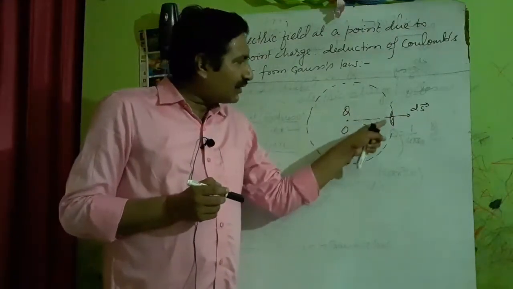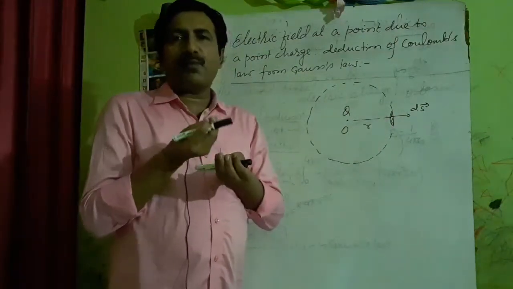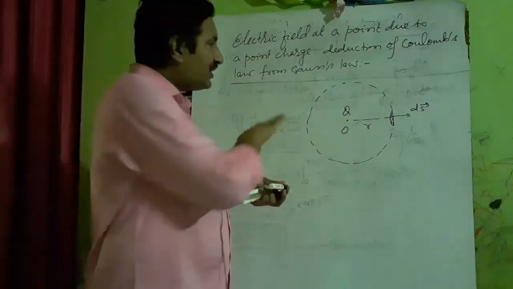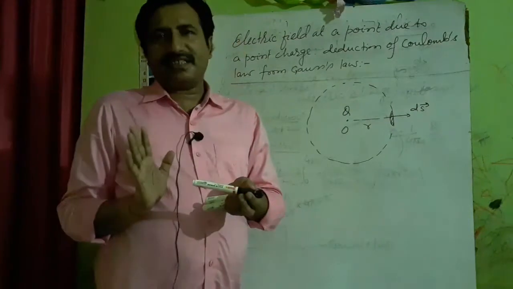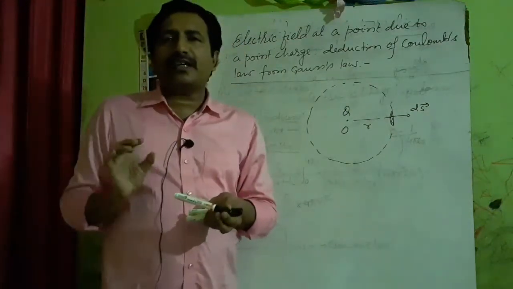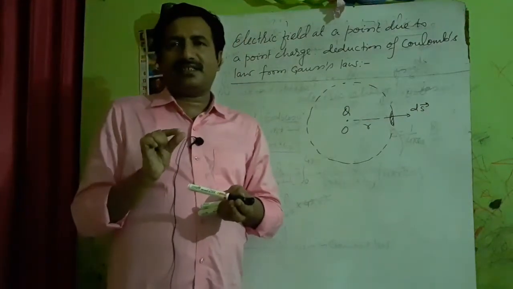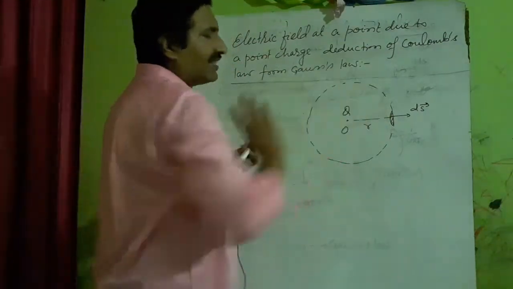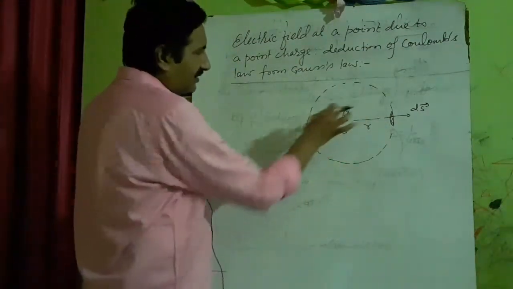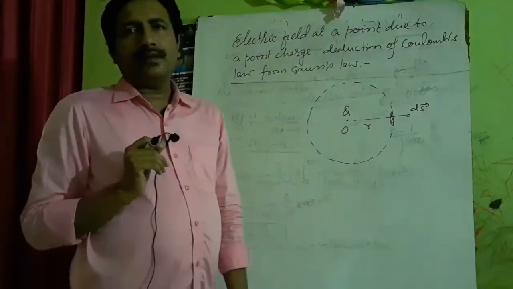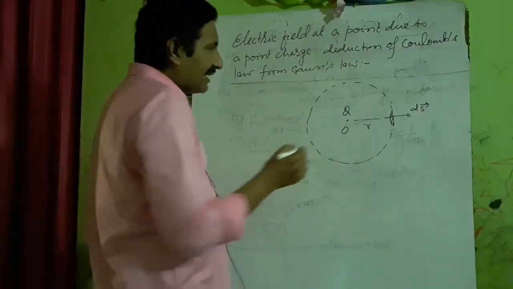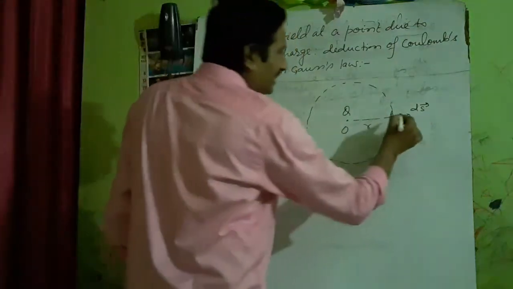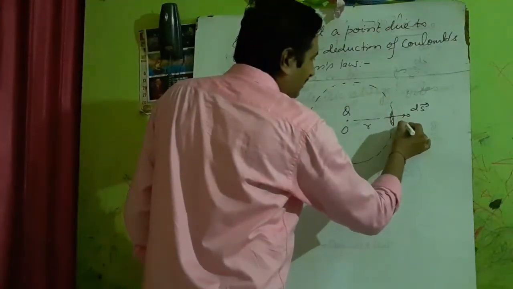You know, perpendicular to the small element of a sphere is along the radius, because radius is perpendicular to each and every plane element of the sphere. So this is ds. You also know that this q is the charge, and electric field at this point will be away from the positive charge. So electric field will also be along this direction. This is E.